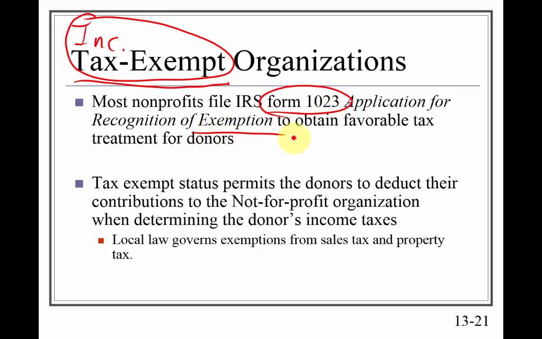To be a charity, you have to also get permission from the IRS. All tax exempt organizations fall under an Internal Revenue Code section called 501(c). Then there is a whole bunch of numbers. To be a charity, you have to be a 501(c)(3).